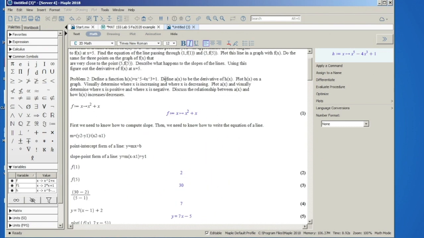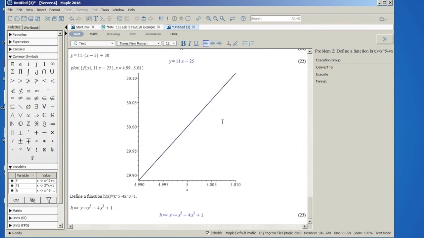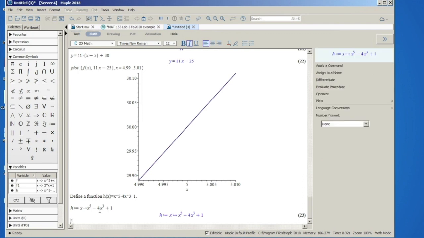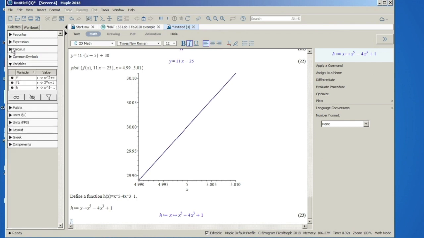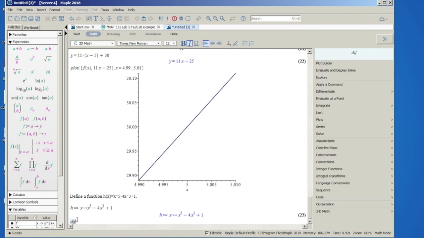Then I am told to define a of x to be the derivative of h of x. You could try to do this by hand, and that's fine, but that is not the point of this class. The point of this class is not to be doing things by hand. It's to use the technology available to us. You could come to expression and use d dx of f, or you could simply use the differentiate command.